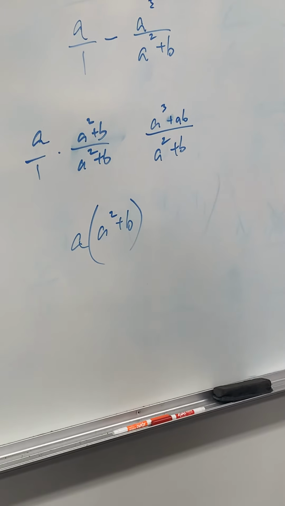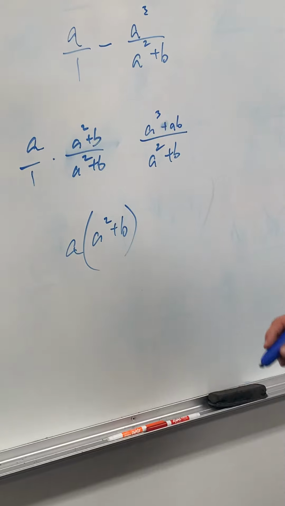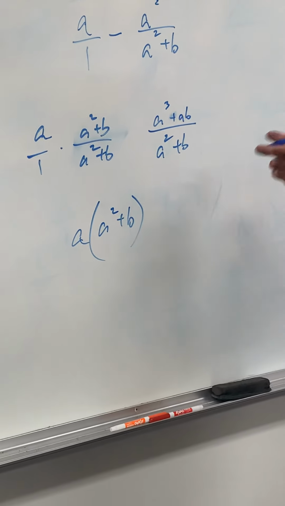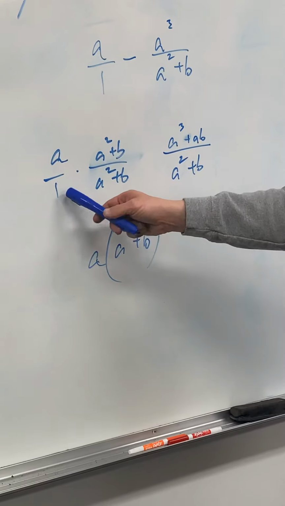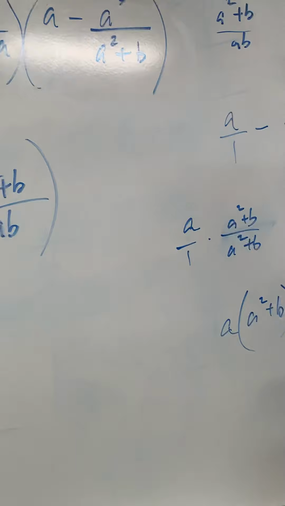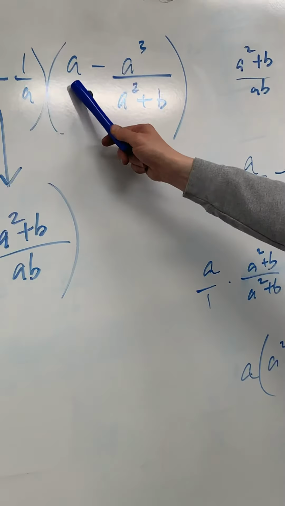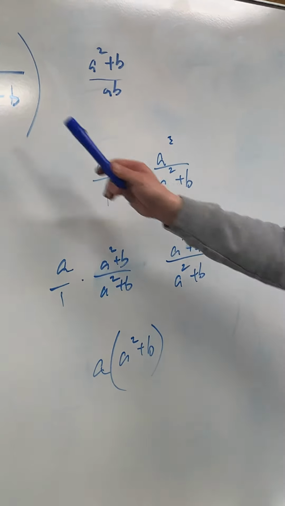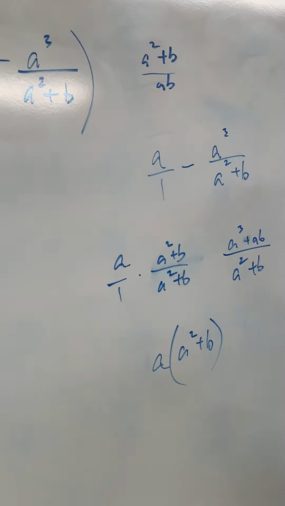All right, so what have we got so far? We took A over 1 and had to change it into a fraction that had A squared plus B as a denominator.